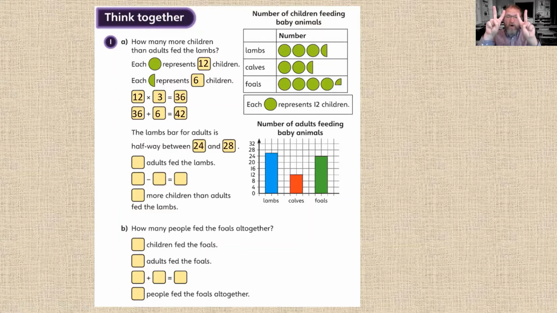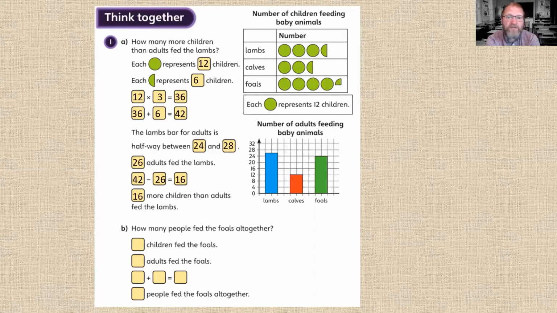So if we're going halfway up, then we're counting on 2. So that's 24, 25, 26. So 26 adults fed the lambs. Right, so if we take the amount of children, take away the amount of adults, that's 42, take away 26, the answer is 16.